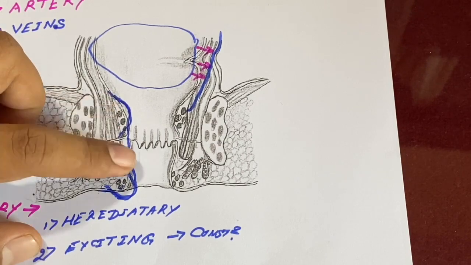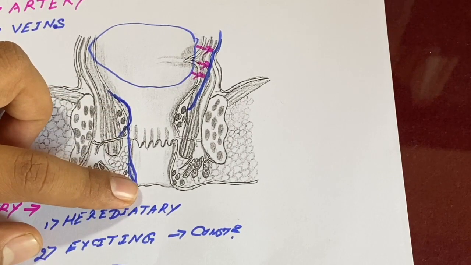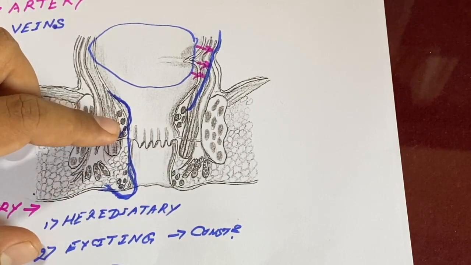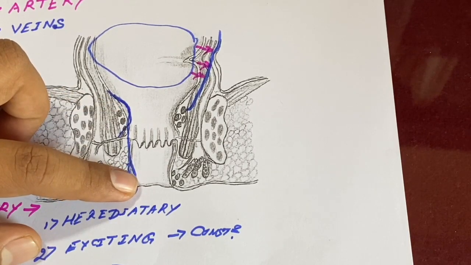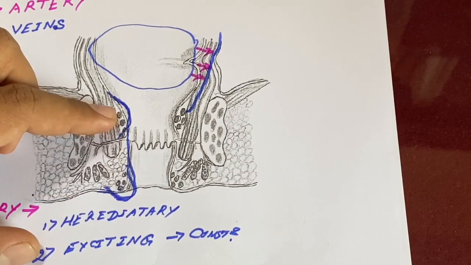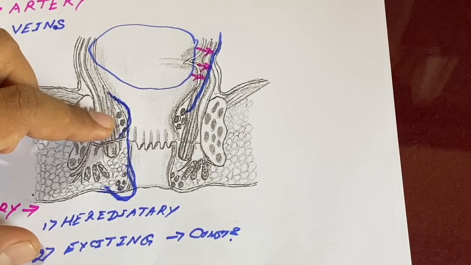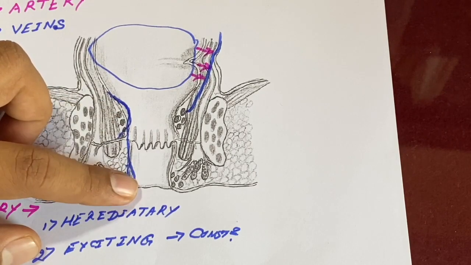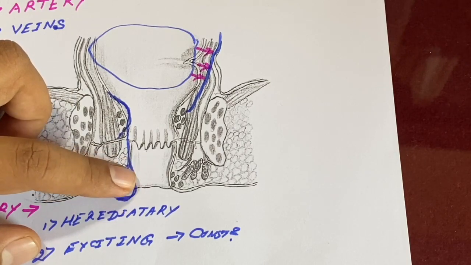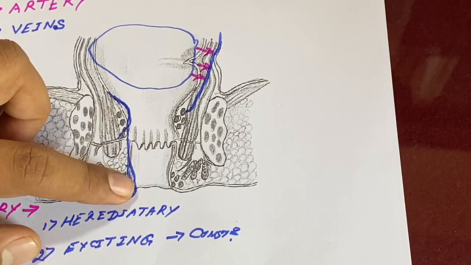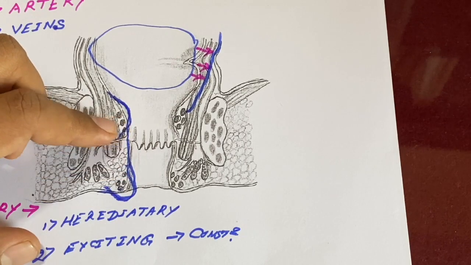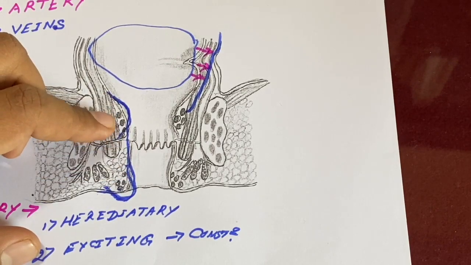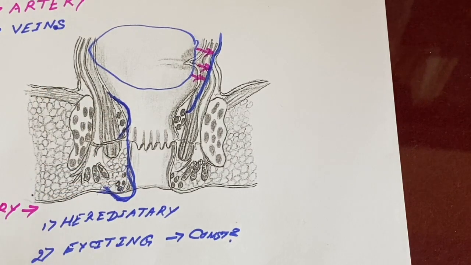If it comes out of the anal verge and reduces by itself at the time of defecation, moving back into the anal canal soon after the patient changes position, that is stage 2. If it comes out at the time of defecation or urging and needs manual repositioning, that is called stage 3. And when it comes out and sometimes becomes difficult to reposition, that is stage 4.